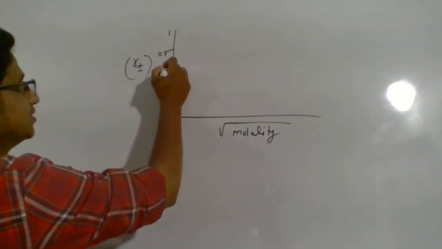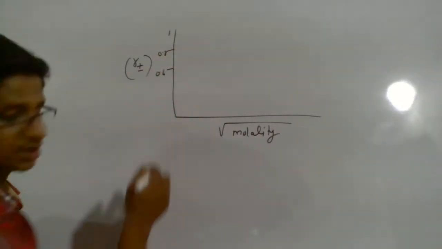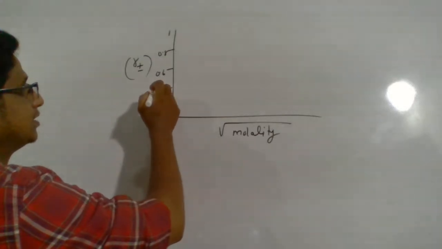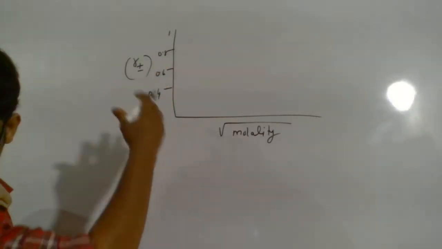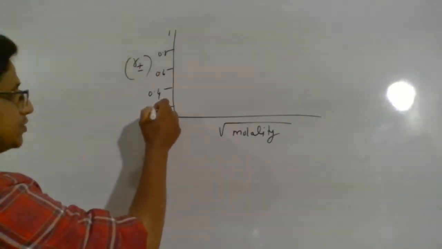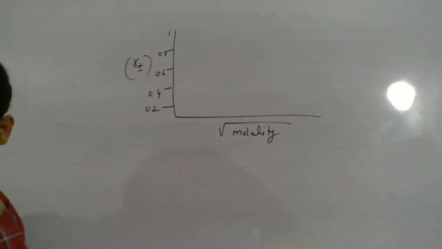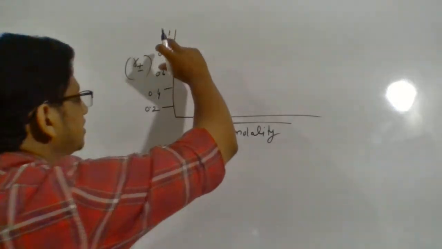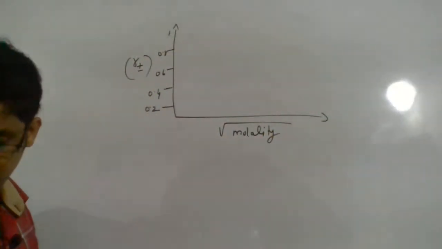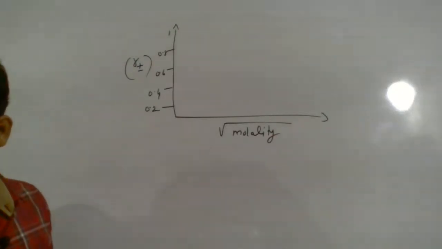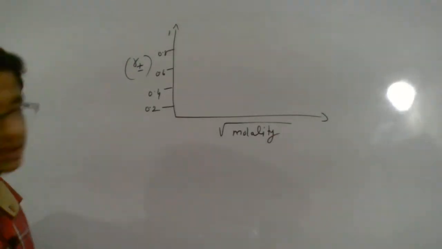This is 0.6. That means the mean ionic activity coefficient decreases down, and it's 0.2 like that. So this is the way we plotted mean ionic activity coefficient on the y-axis, and on the x-axis I plotted concentration.